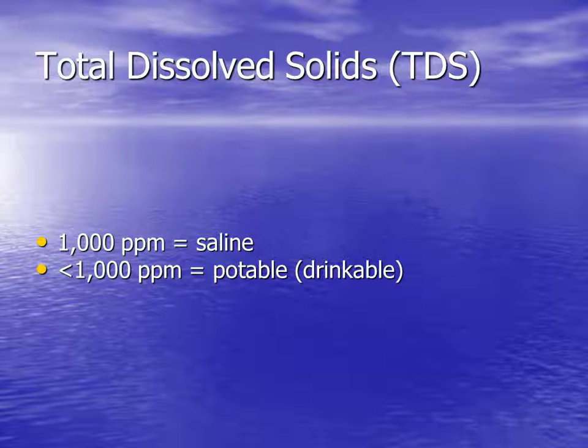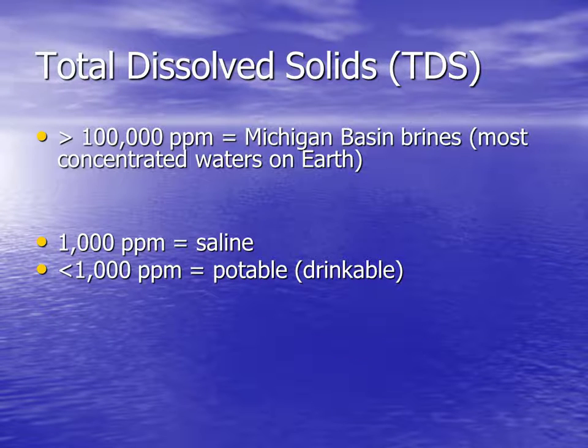But the saline content, or the total dissolved solids in waters, can be quite variable, and we have varying levels in nature. Some of the highest concentrated waters on the planet are in the Michigan Basin. That's a result of the geologic history of the basin. It was surrounded by a reef complex, and then the salt got hyper-evaporated into both the groundwater as well as salt deposits into the bedrock, and then that got buried.